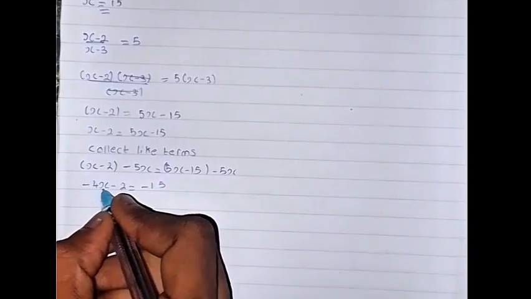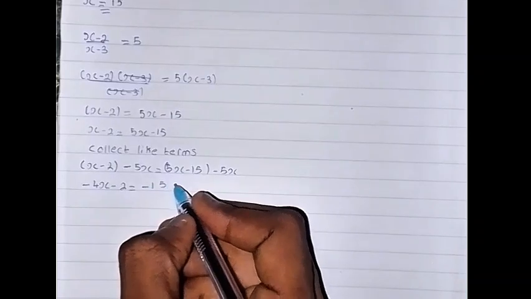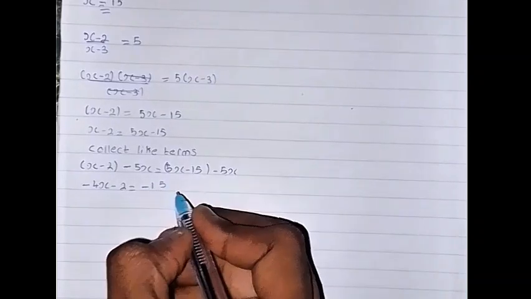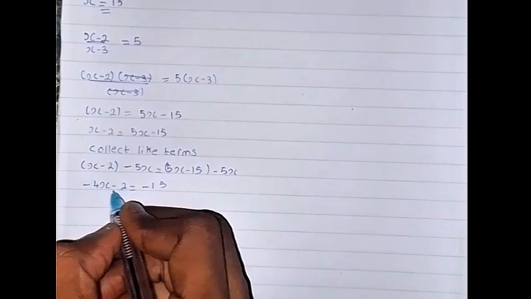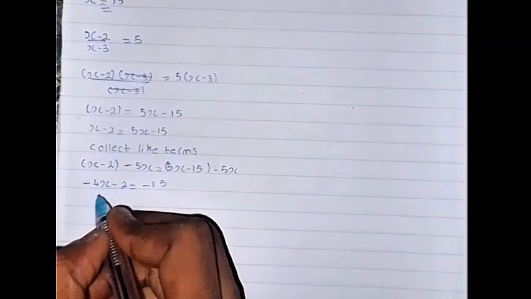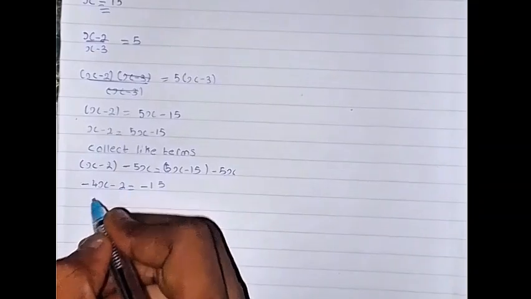So now we have our x terms on the left hand side. Now we want to make the constants to be on the right hand side. We simply add 2 to both sides, since that's what's going to make this 0. We have minus 2. So if we add 2 to both sides, it's going to make this left hand side 0.